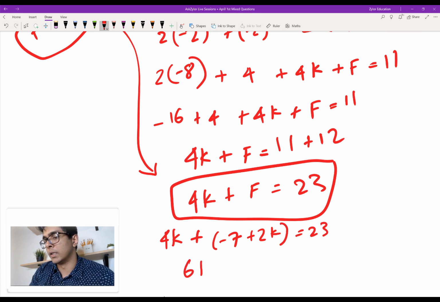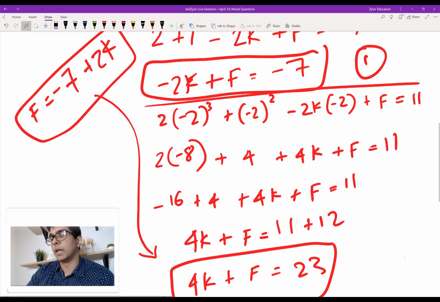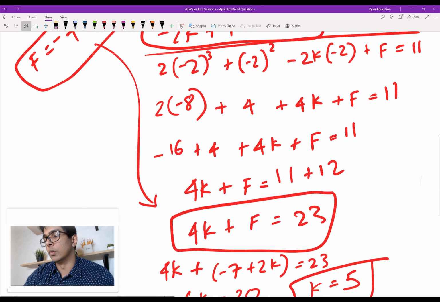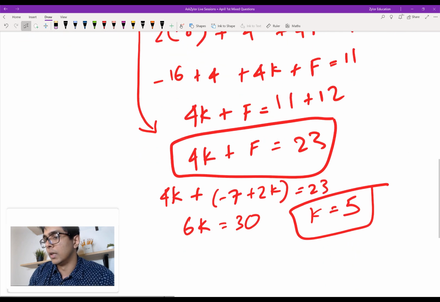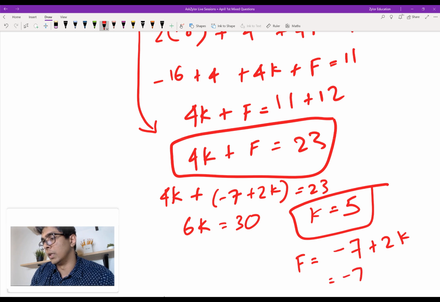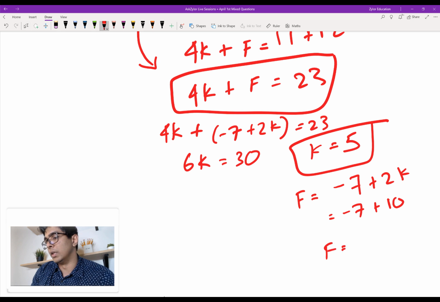So then I get 6k, bring the negative sign to the other side to give me 30, and my k is equal to 5. So once I find the k, I can plug it into this equation. So I know my k is equal to 5. So my f is equal to negative 7 plus 2k, so k is 5, which will give me negative 7 plus 10. In other words, f is going to be 3.